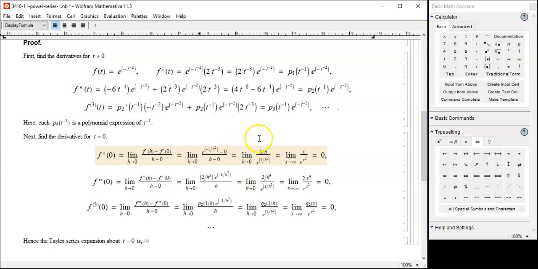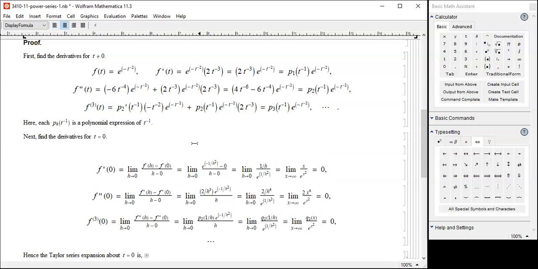And then this limit computation is a bit difficult to handle, so we take the change of variable. Take x as 1 over h, then h goes to 0 means x going to infinity, and then we get that.